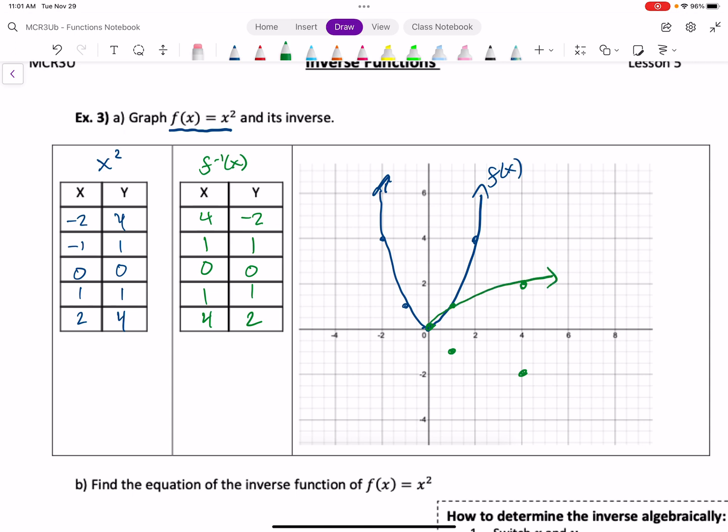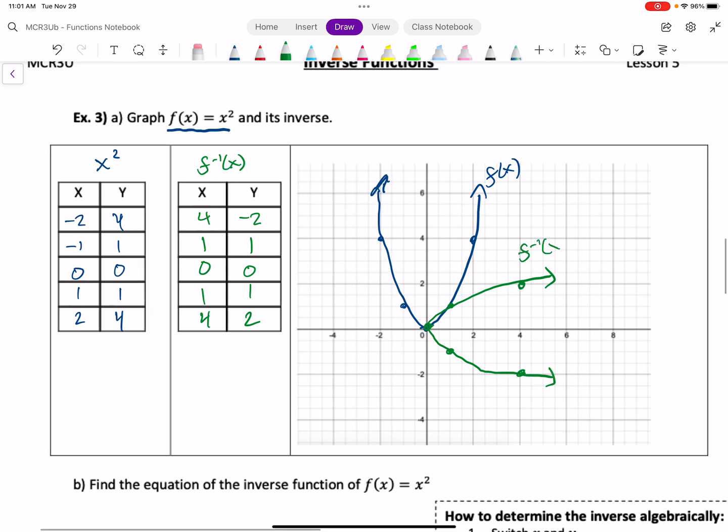I'm going to graph that part and then graph this part separately like this and label it, of course. And again, you can see this has been flipped over my y equals x, like that.